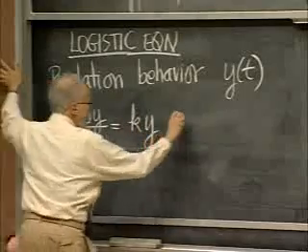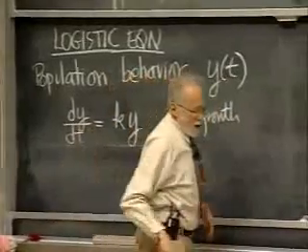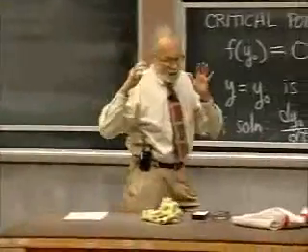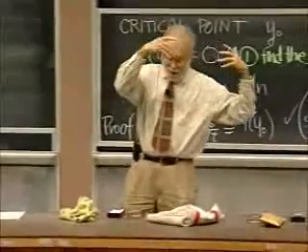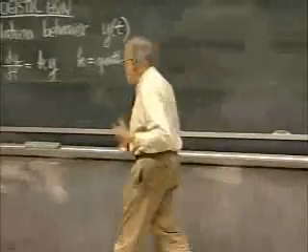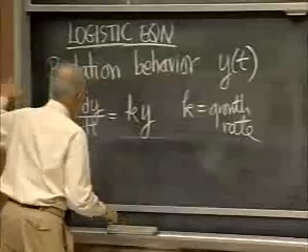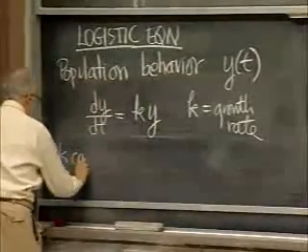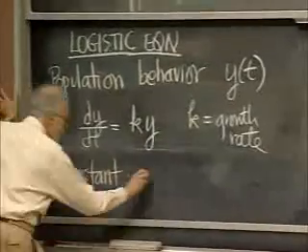It's sometimes talked about in terms of birth rate, but it's the net birth rate: the rate at which people or bacteria or whatever are being born minus the rate at which they're dying. But let's just call it the growth rate. If k is constant, that's what's called simple population growth, and you're all familiar with that.